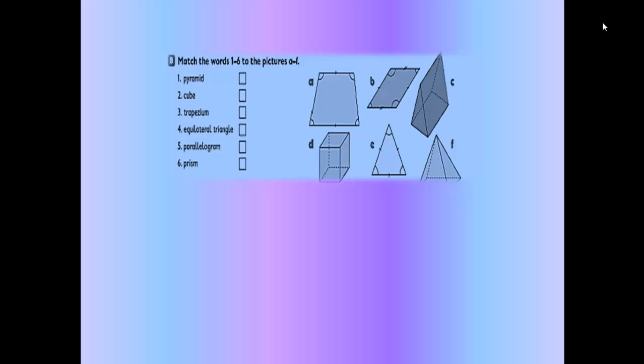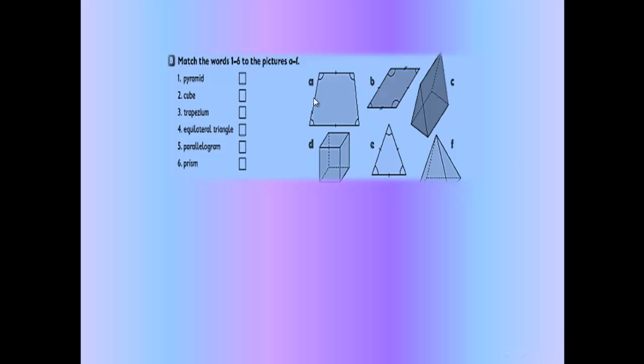Trapezium is a 2D shape. So here number A is the trapezium and it has 2 lines. This line, for example, this line and this line, these 2 lines are parallel and the others are not.